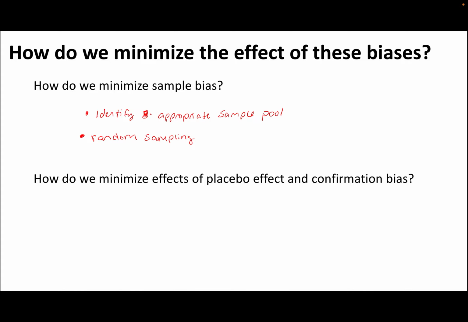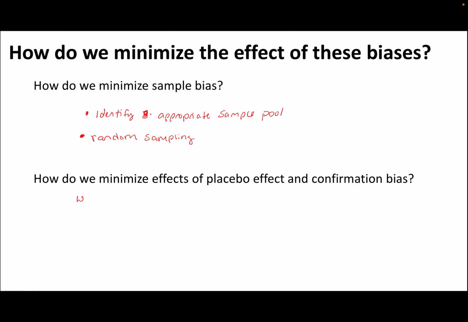The thought is that if we sample randomly, then we'll have a greater likelihood of it reflecting naturally the true population.